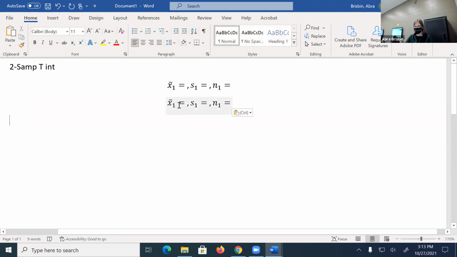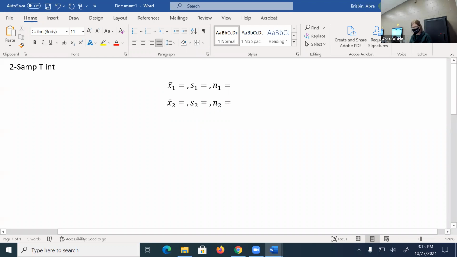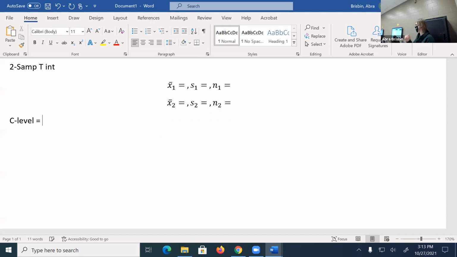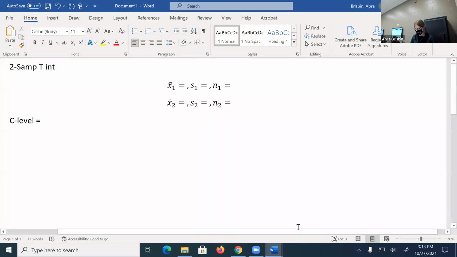And same thing for group 2. And then we need to put in the C level, which is the confidence level. So here we wanted a 98% confidence interval. So our C level is going to be 0.98.